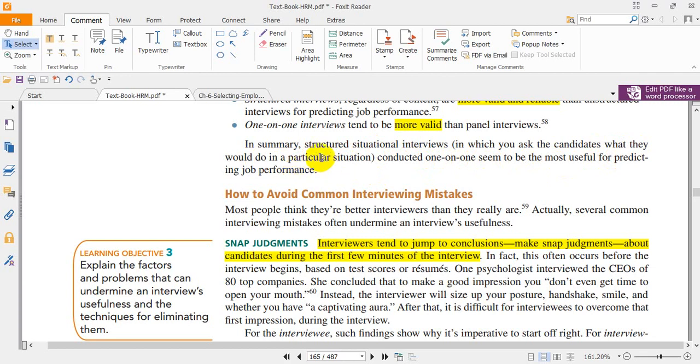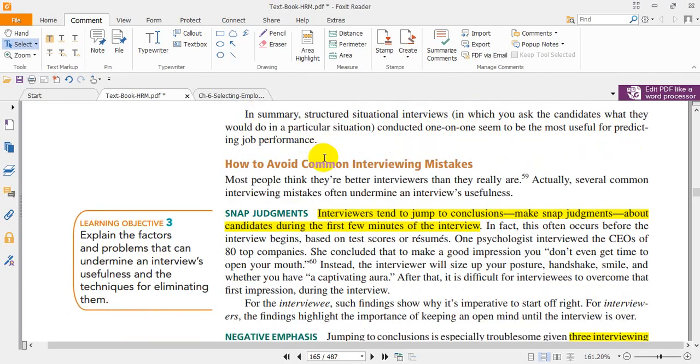Okay, now let's move on to learning objective 3. Explain the factors and problems that can undermine an interview's usefulness and the techniques for eliminating them. How to avoid common interview mistakes.